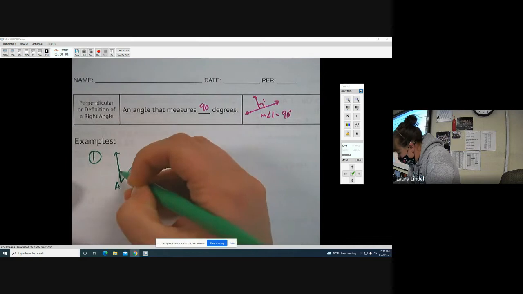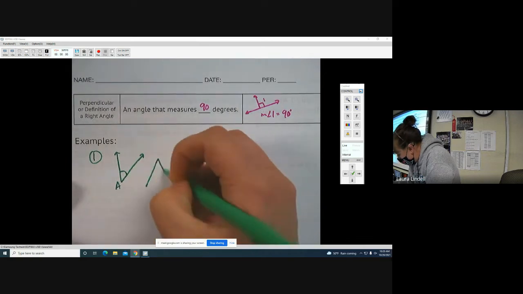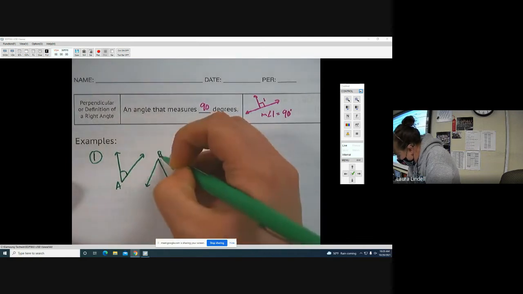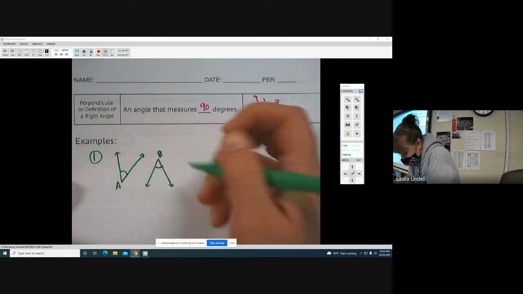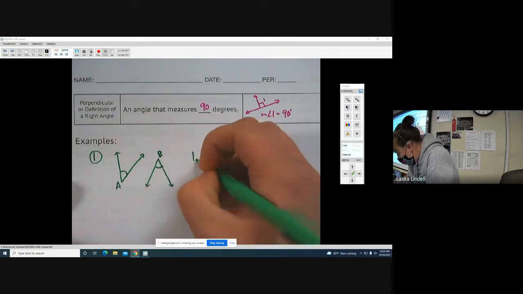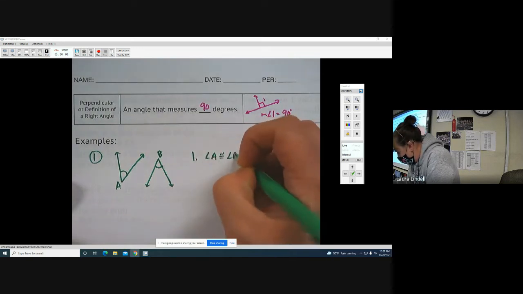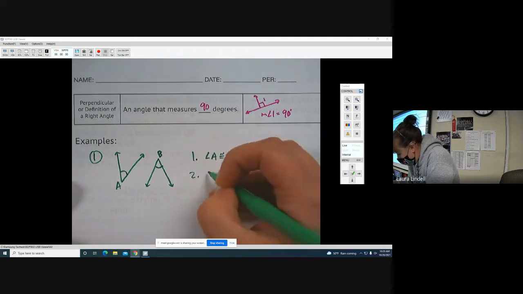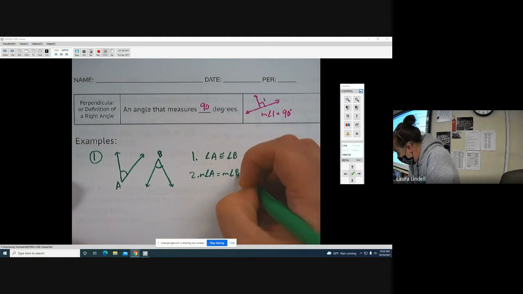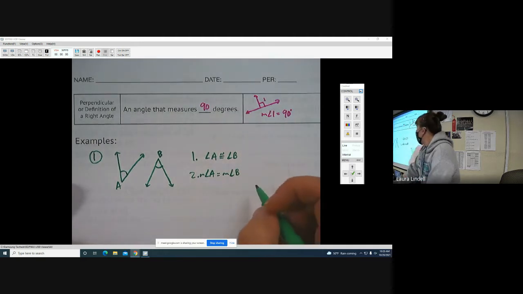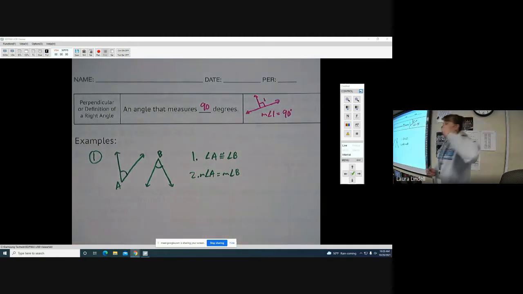Angle A, and we have angle B. And we might see something like step 1, angle A is congruent to angle B. And statement 2, measure of angle A is equal to measure of angle B. So we might see something like this and be asked, of the reasons that we just wrote down and talked about, which one goes with this setup here?